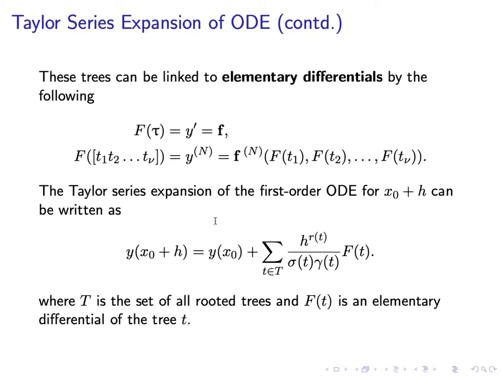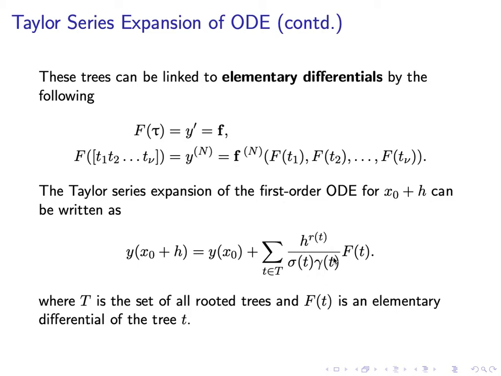Now this summation is over the set of little t that is a member of the set big T, and the set big T is the set of all rooted trees up to and including that order. And big F of t is the elementary differential defined up here.